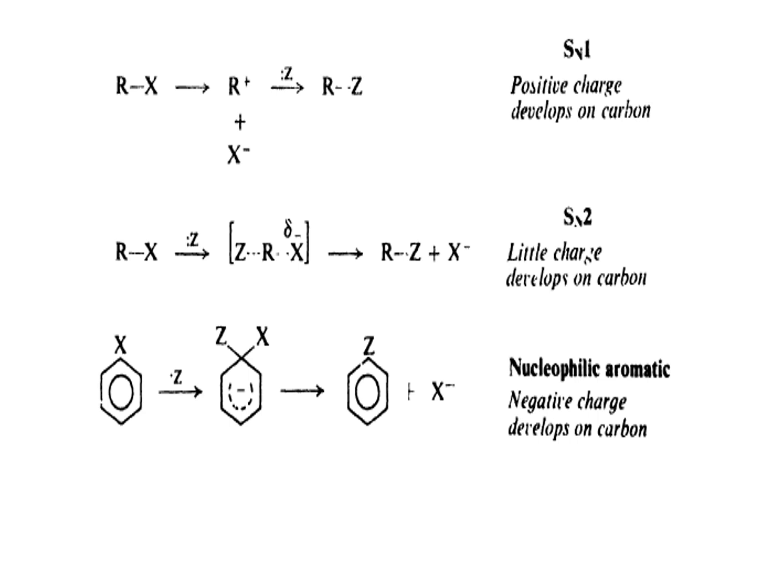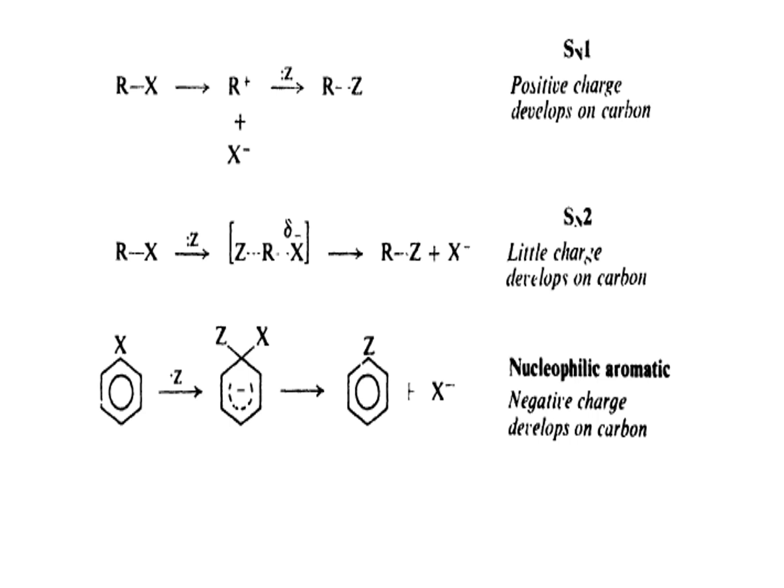See the comparison; the reaction mechanism is shown here. In SN1 reaction, the first step is slow heterolysis of the carbon halogen bond forming the carbocation, and to this carbocation the conjugate base is added forming RZ. The positive charge develops on the carbon atom in SN1 reaction.